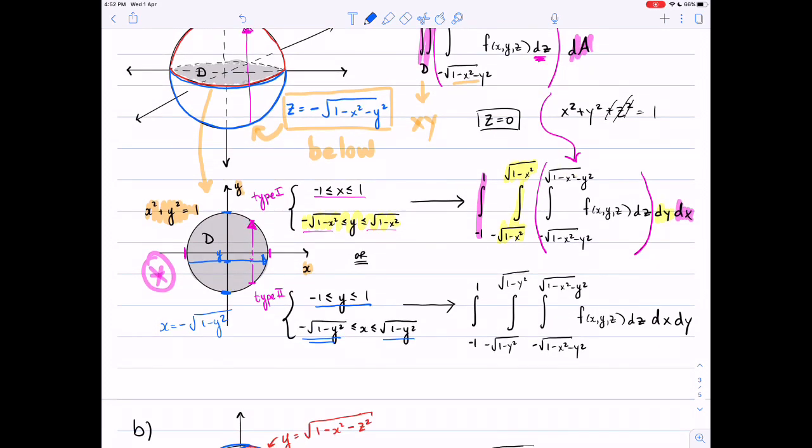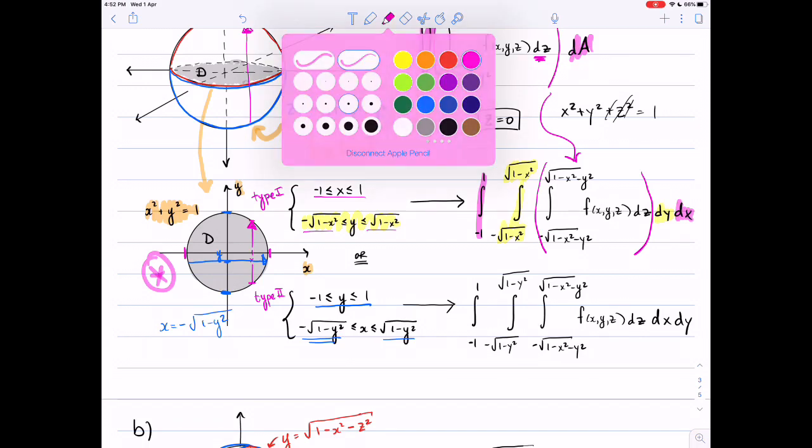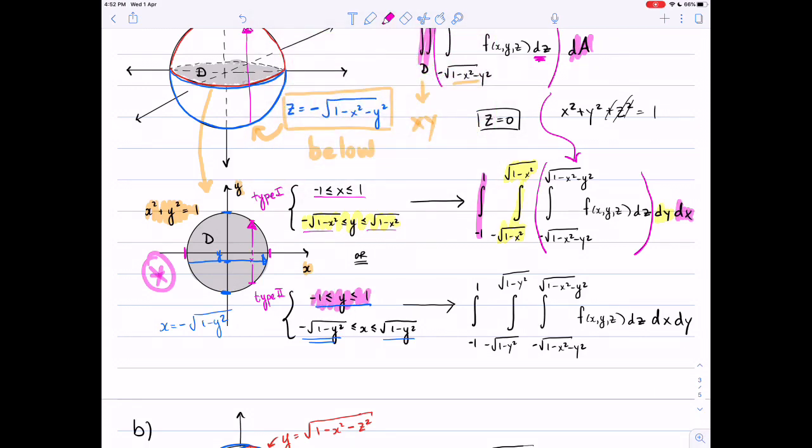So the inequalities in terms of y, the constants, y is now on the outside. The middle integral is in terms of x, and those are the bounds that match those inequalities in terms of x.